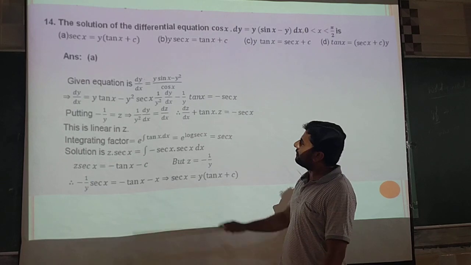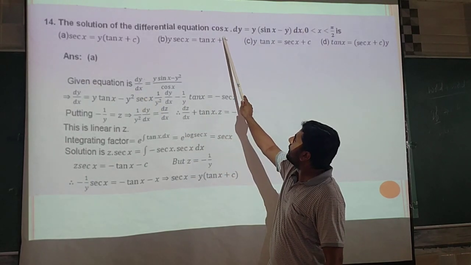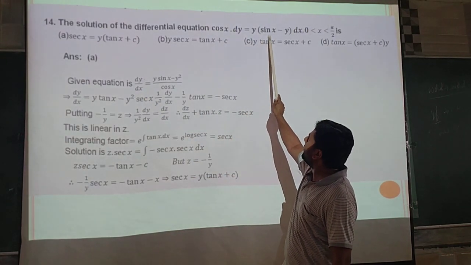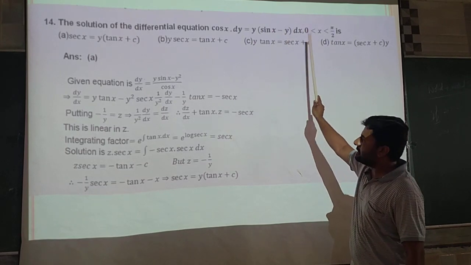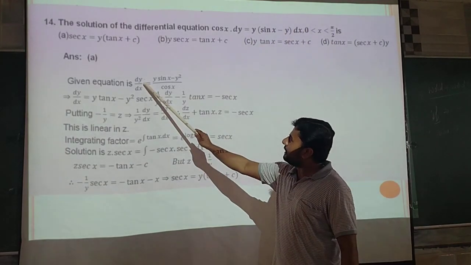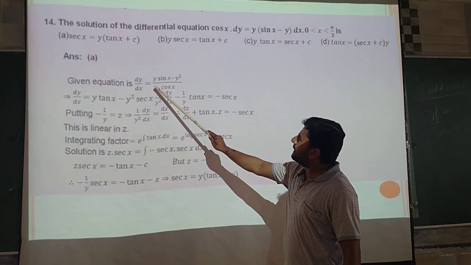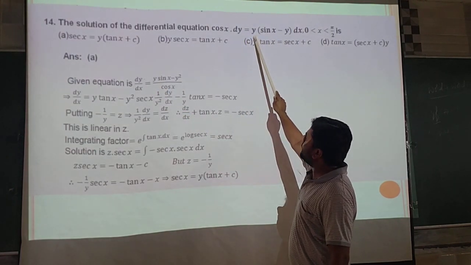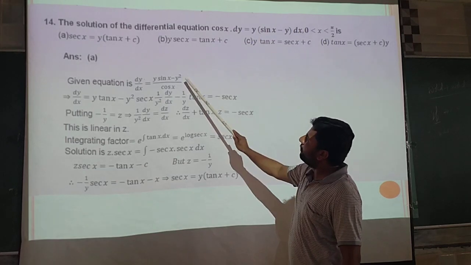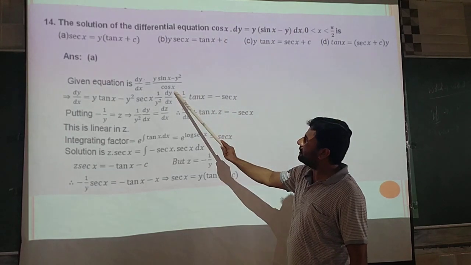The given differential equation is cos x into dy is equal to y into sin x minus y square into dx. Moving dx to the left side, dy by dx is equal to, on the right side, y into sin x minus y square, divided by cos x shifted to the right side.